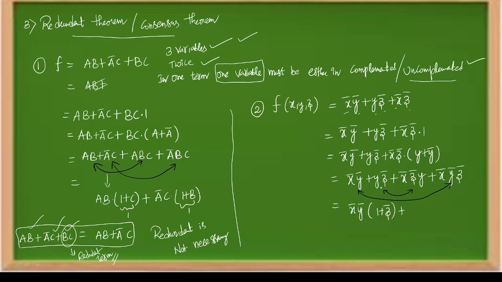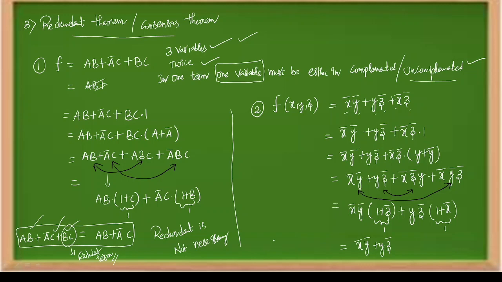Similarly, from the second and third terms, by taking y z complement common, you will get 1 plus x complement. We know from the postulates of Boolean algebra that each is equal to 1, so I can have x complement y complement plus y z complement.